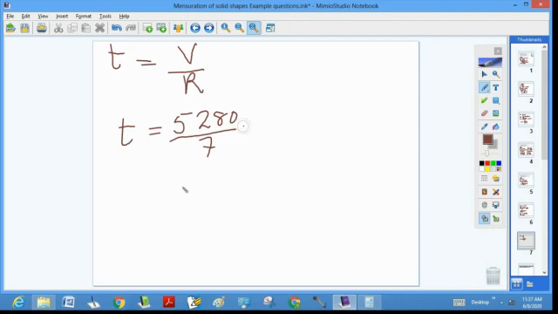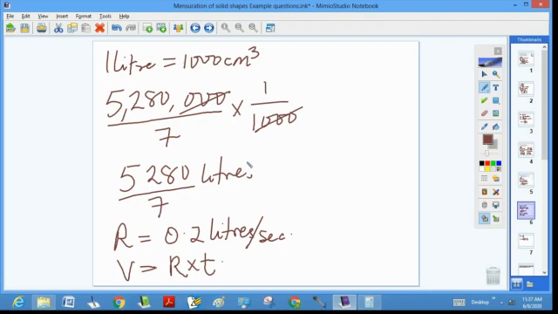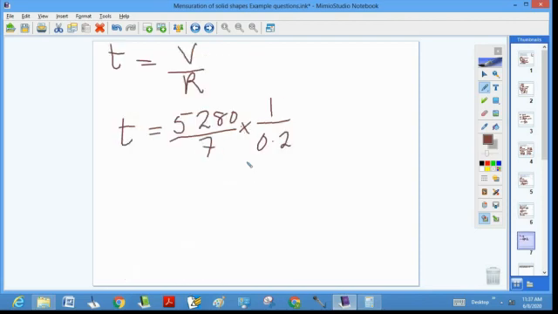Divided by the rate, which is 0.2. The rate is 0.2, so we are going to use it to divide that, which will give us T to be 5,280 divided by 7 times 0.2, which is 1.4.